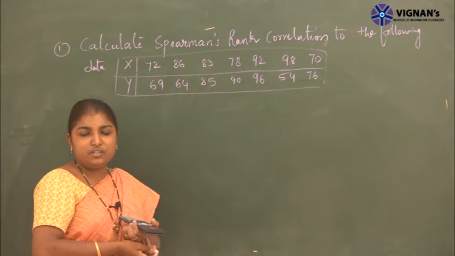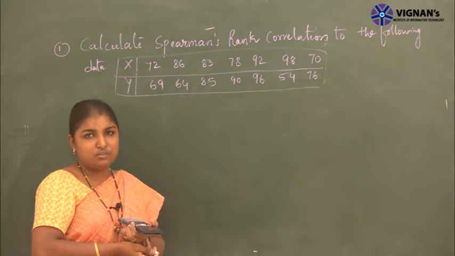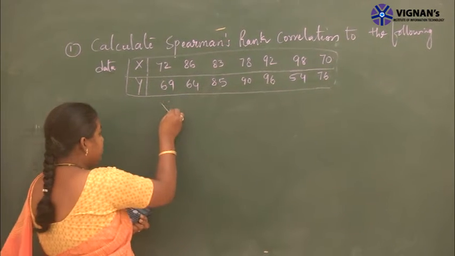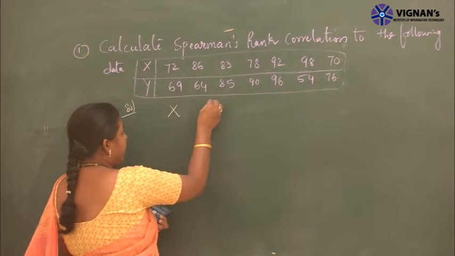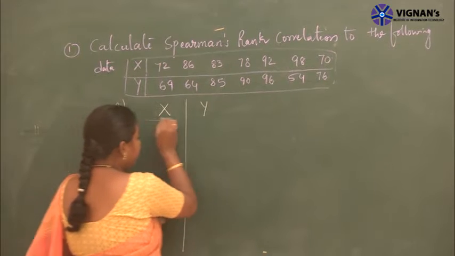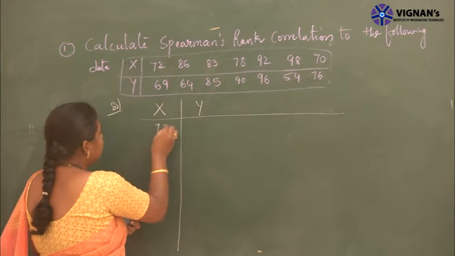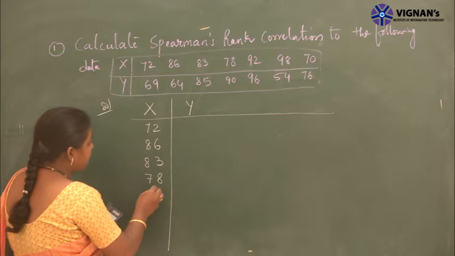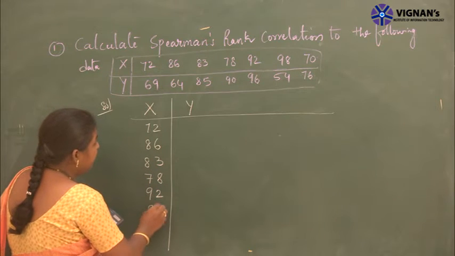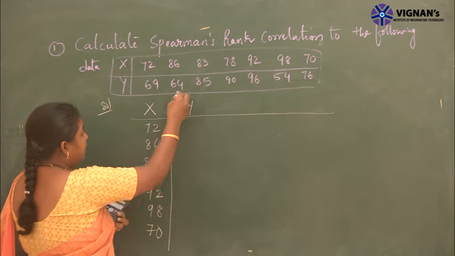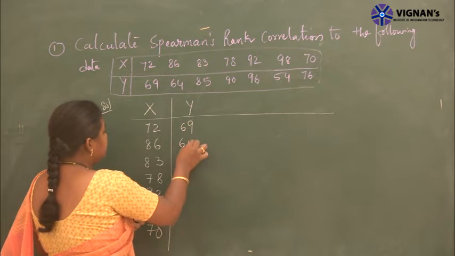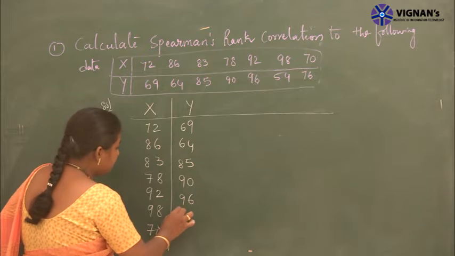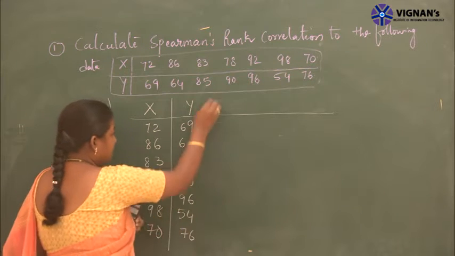First of all, for the given data, we have to give the ranks. For this, we construct a table with the x values and y values. The x values are 72, 86, 83, 78, 92, 98, 70, and the y values are 69, 64, 85, 90, 96, 54, 76.